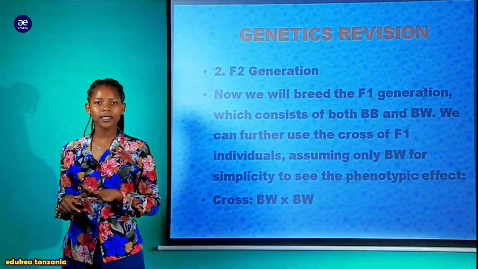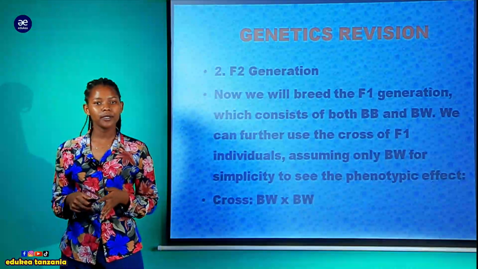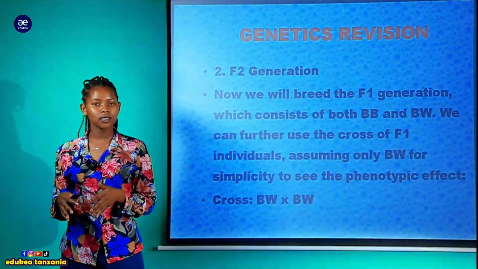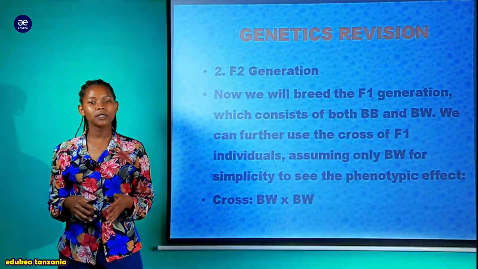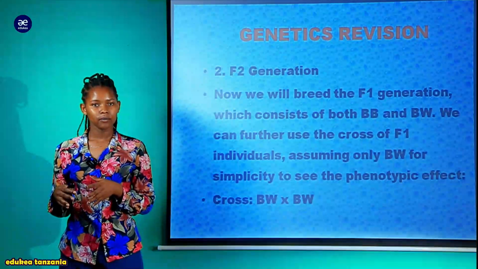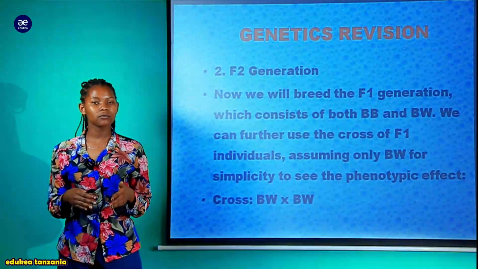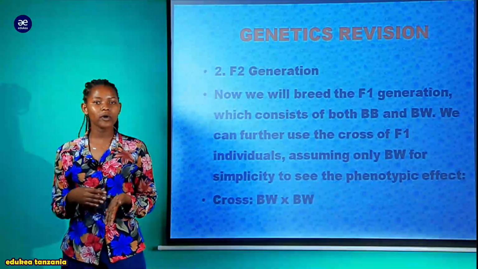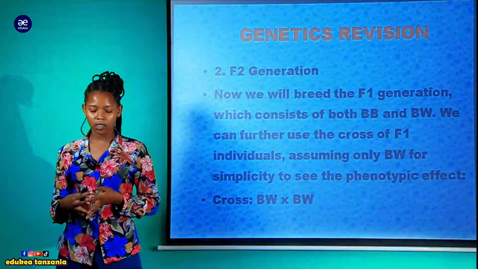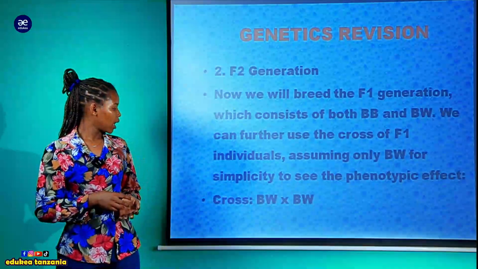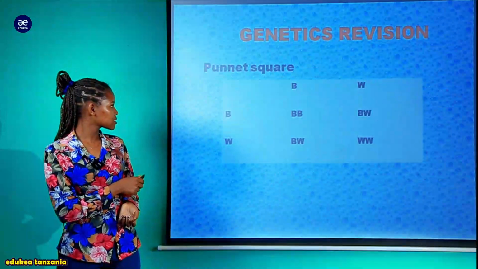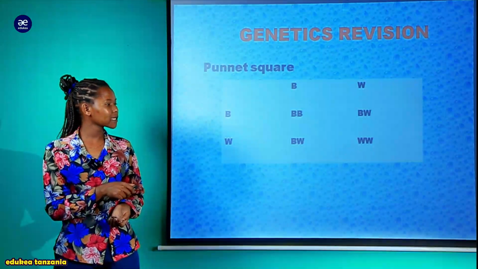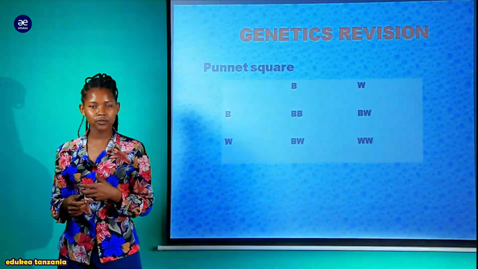So we can look at either using BW, or using BB and BW, or BB and WW, or BB and BW and BW, because its offspring have not expressed equally. And now when we cross here, we can see we will result with the same offspring as those of the F1 generation, in the F2 generation.